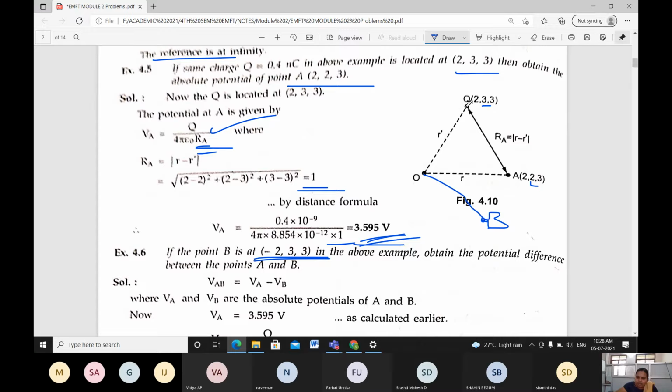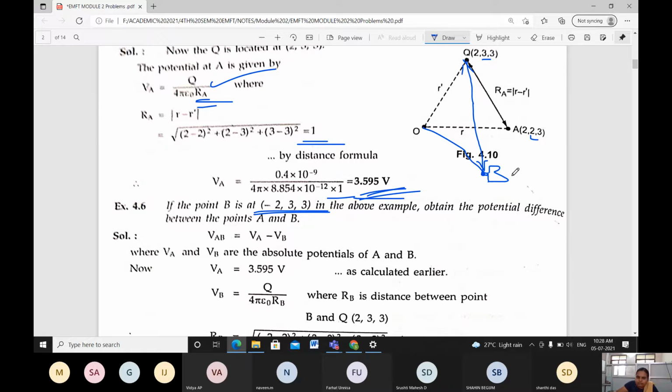We want the point charge here. We want the distance between these. What is the B value here? Minus 2, 3, 3. What is the distance between these?